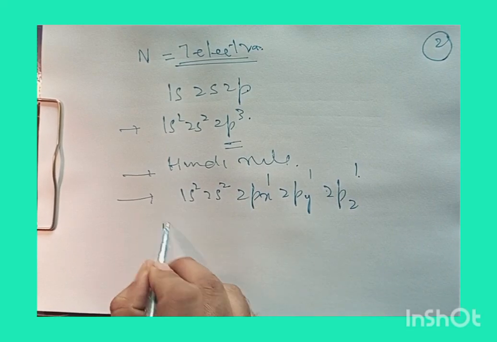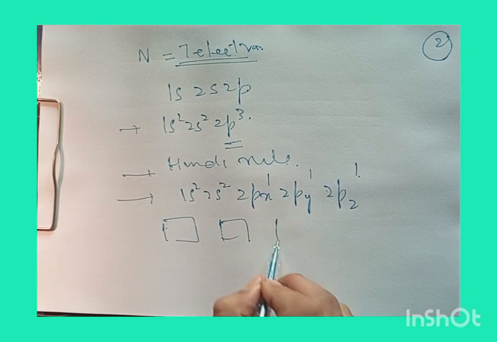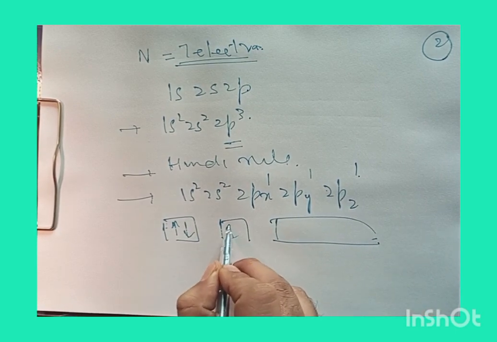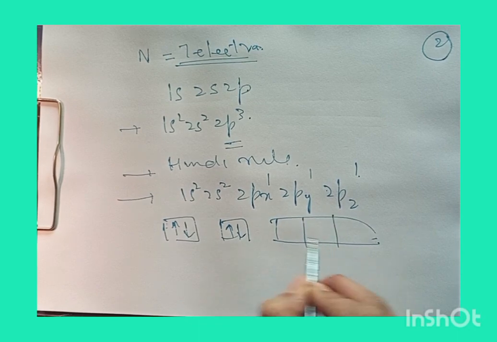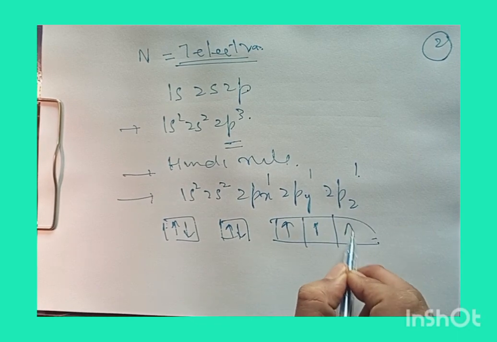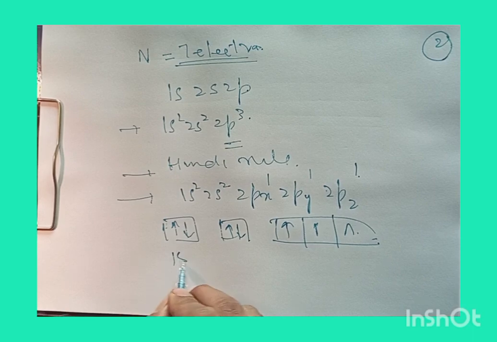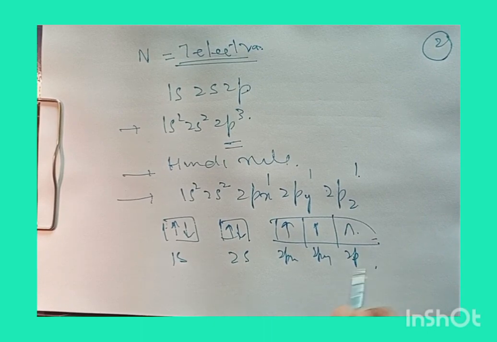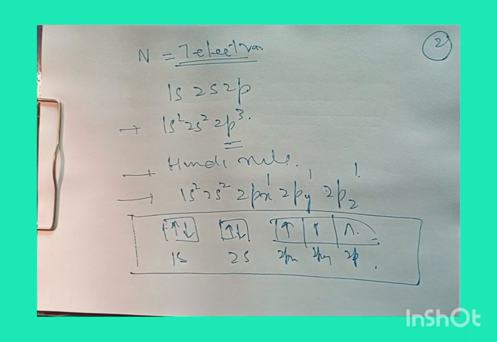If we show it in terms of boxes, we can have pairing, then pairing, then 1, 2, and 3. So this is my 1s, this is my 2s, this is my 2px, this is 2py, and this is 2pz. This is how electrons prefer to be in the orbitals in accordance with Hund's rule.